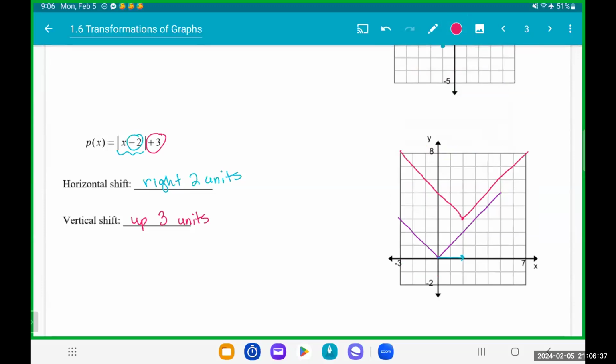Okay? So we didn't have to sit there and calculate, well, what is x equal to 1, 2, 3, 4. We can do those transformations based on the rules that we know.